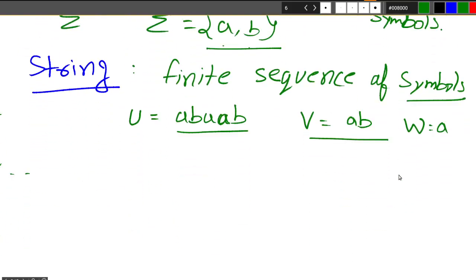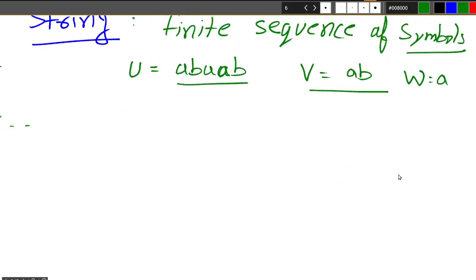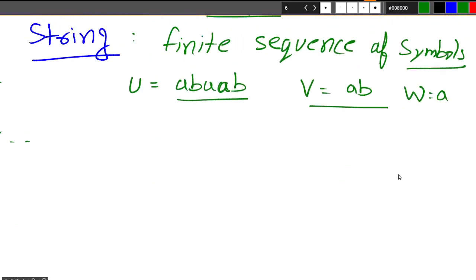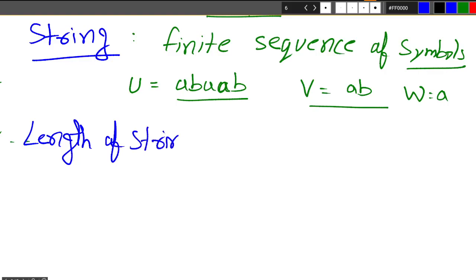You should have a way to represent the length of a string. How to write the length of a string? Is there any symbol? Length of a string can be written as mod.